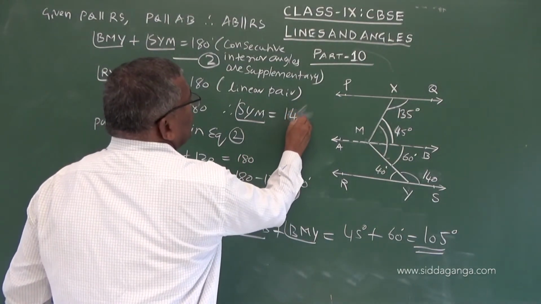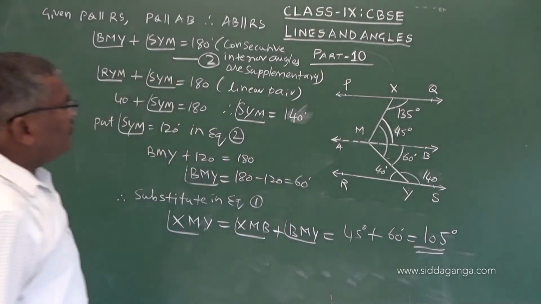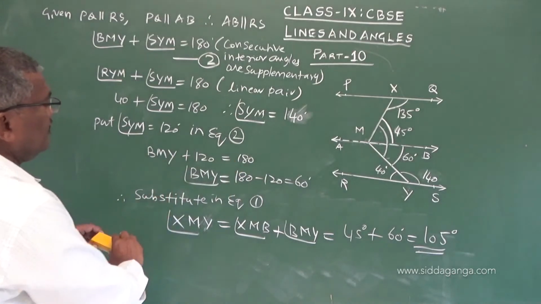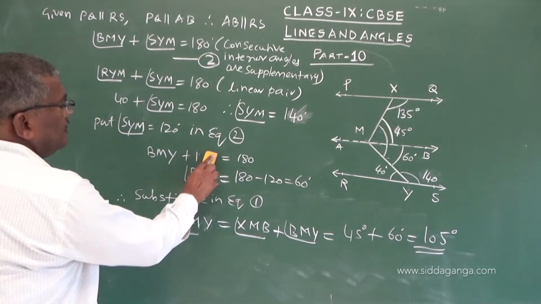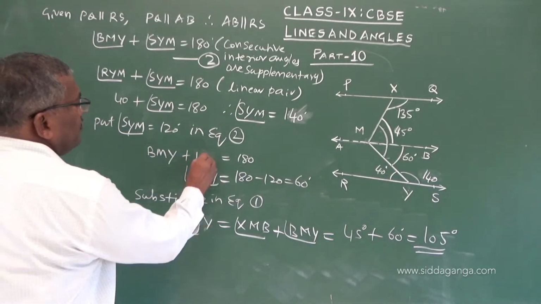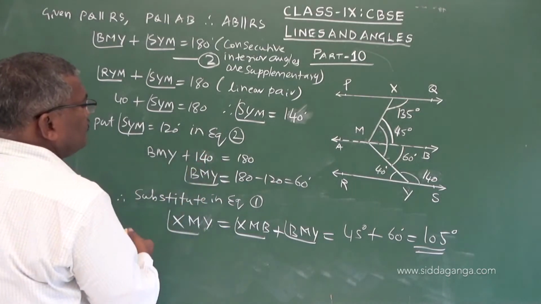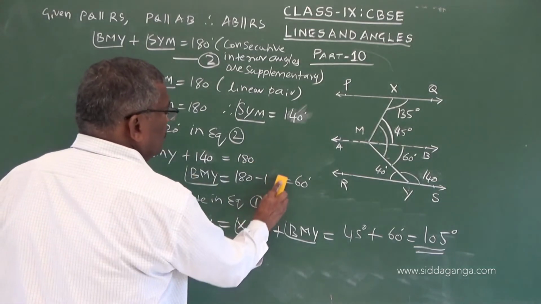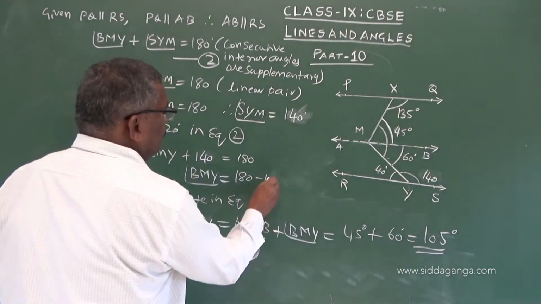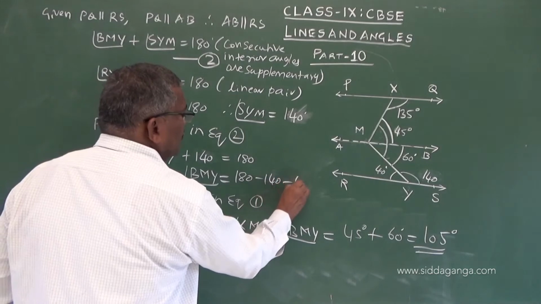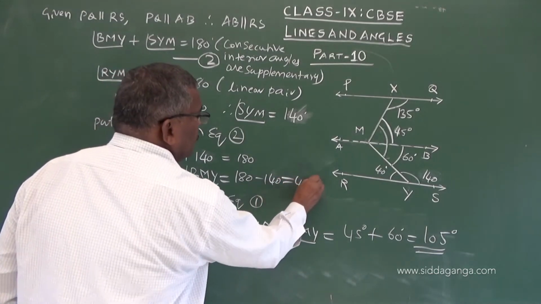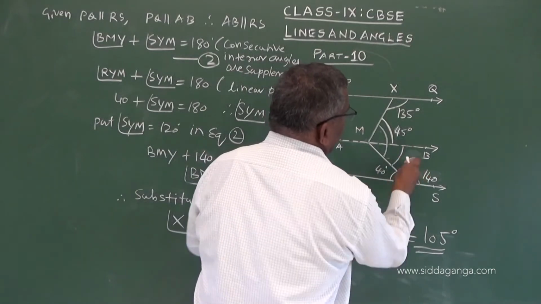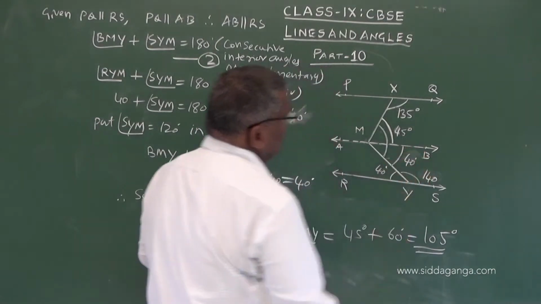So SYM is 140. So therefore 180 minus 140 equals 40 degrees. So this is 40 degrees.